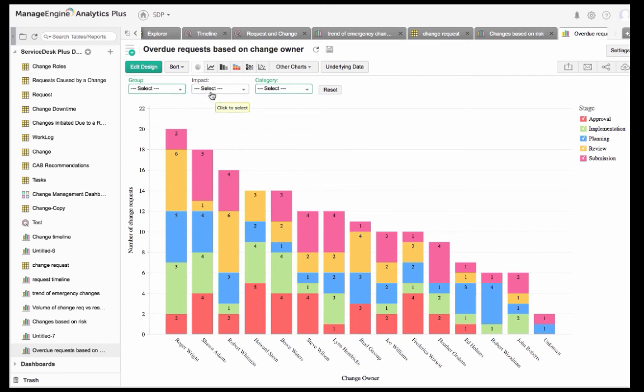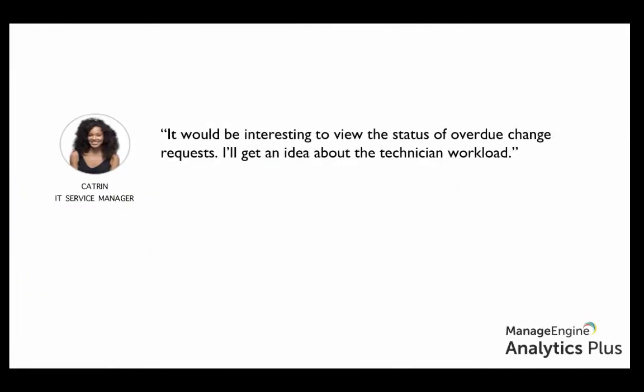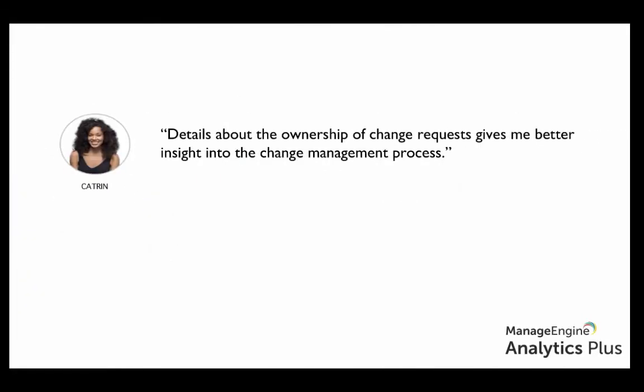Okay. So details about the ownership of the change request gives me better insight into the change management process. That's what she says. And this is another step towards her improving her desk efficiency.